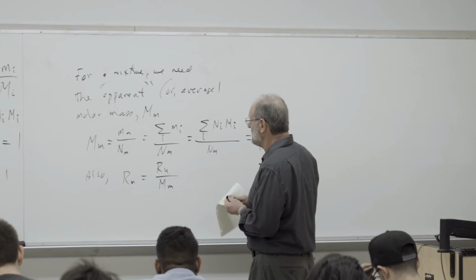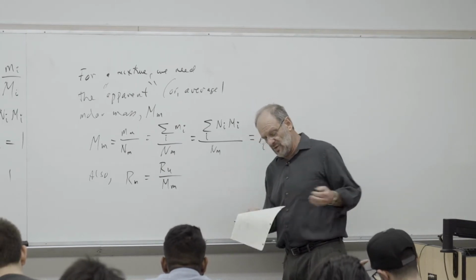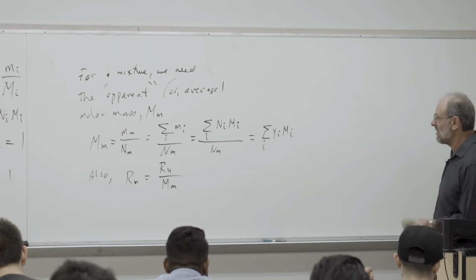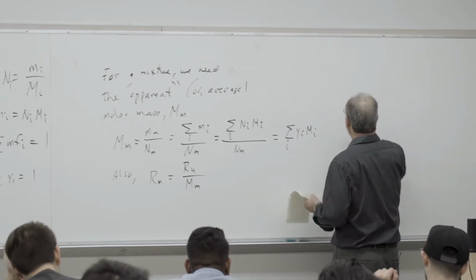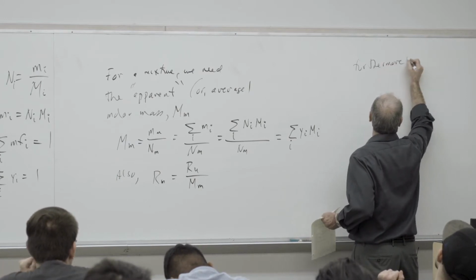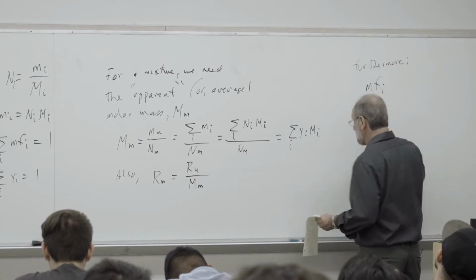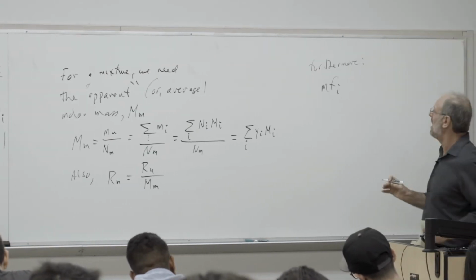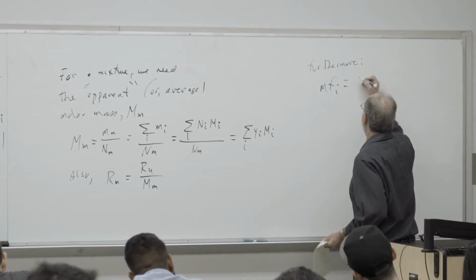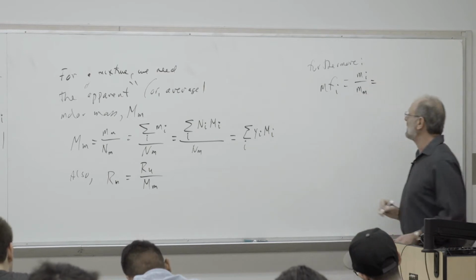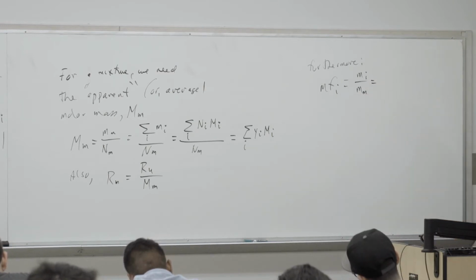Another thing that we're interested in is the relationship between the mass fractions and some of the other terms that we've already looked at. So furthermore, let's say we're interested in some other equations for the mass fraction of a particular component i. Again, we know this is just the ratio of the mass of any particular component to the mass of the mixture.